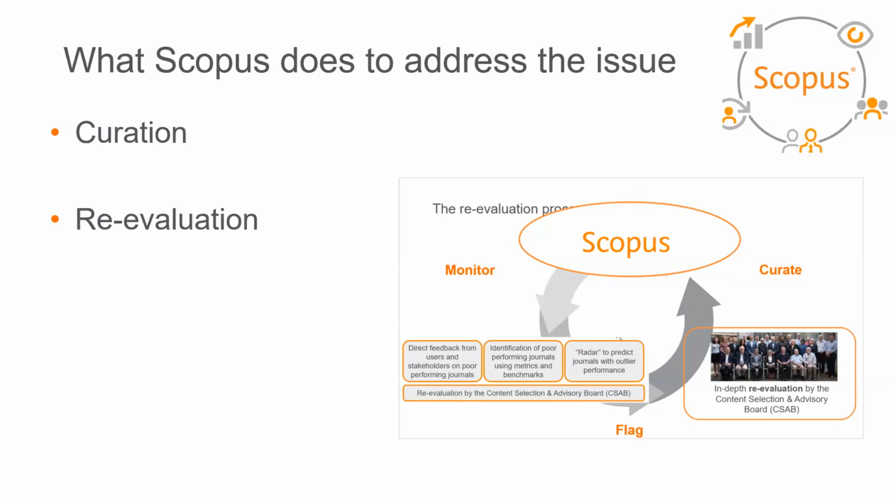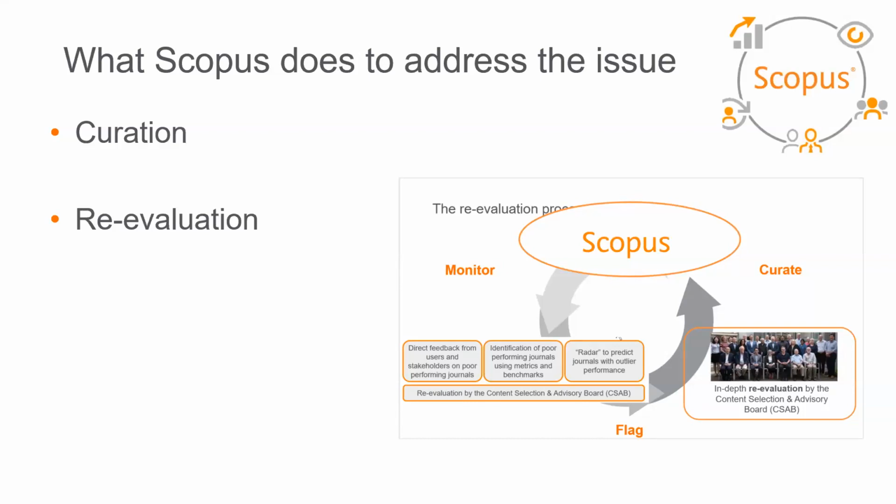So the curation and the reevaluation process is done by an independent board, the Content Selection and Advisory Board. This is not done by the Scopus in-house team, because it is very important to look at this from all angles and make sure that the quality of the journal is of a certain level.